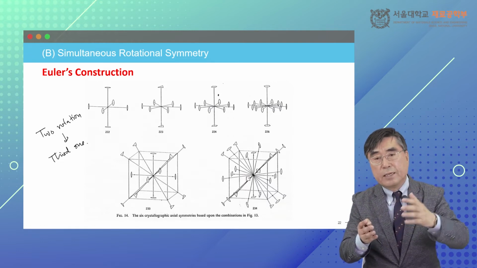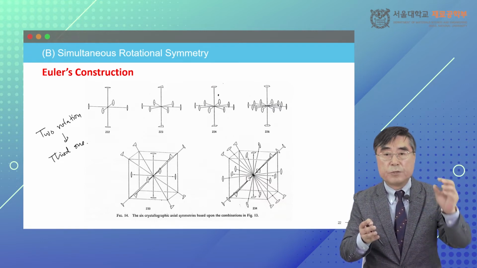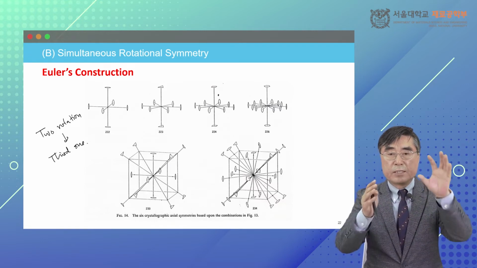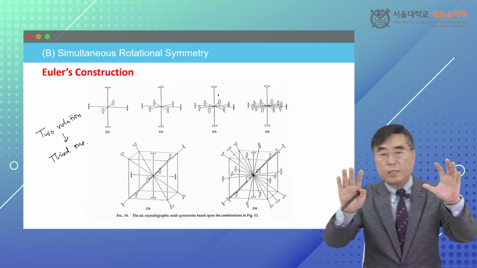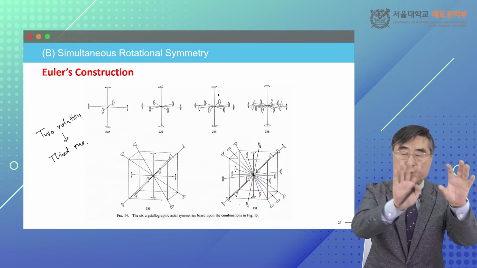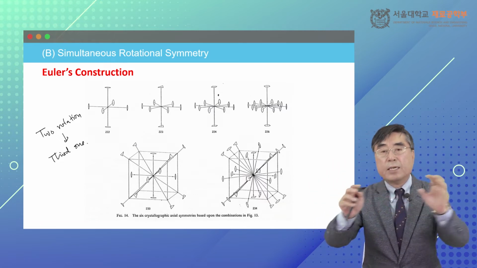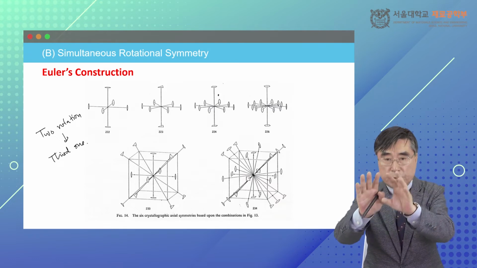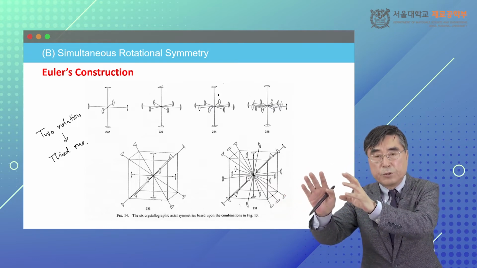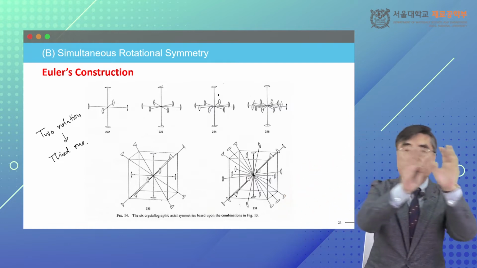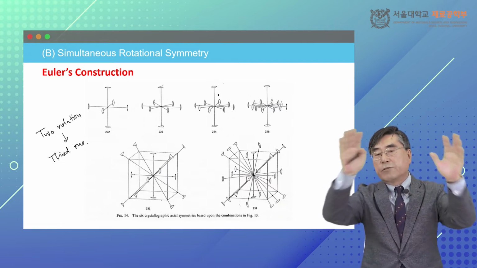There is the Euler construction with complicated geometry, but you have to think of it as the three rotation axes not being mutually independent. Any two operations should be matched with the third operation. Otherwise, one operation and a second operation can generate another pole by the third operation, and this other pole should then be generated by the first, second, and so on.